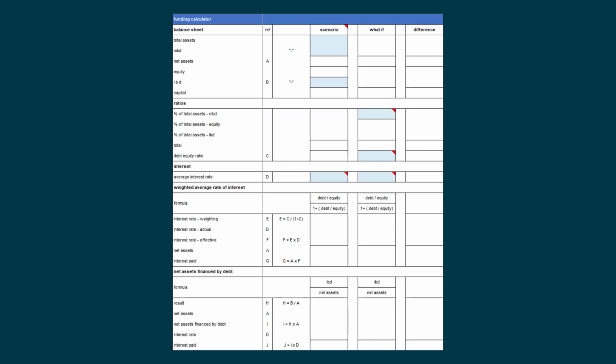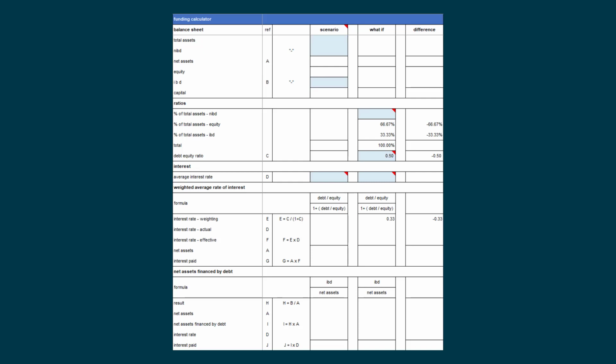It also shows the debt-equity ratio. The third element focuses on the formula which calculates interest using a weighted average rate of interest concept, with a proof calculation showing what portion of the net assets attracts interest.